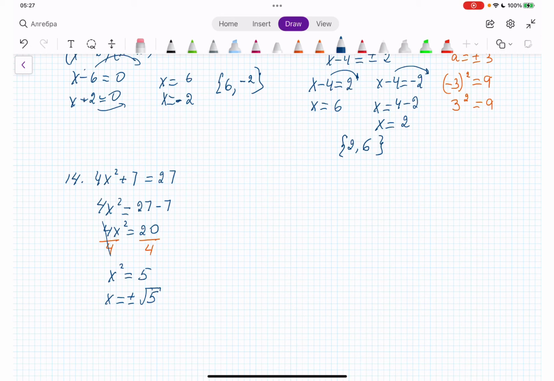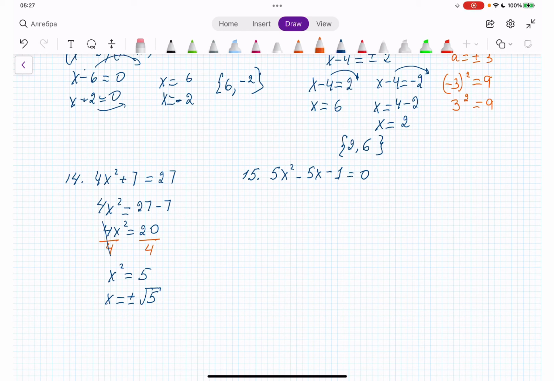Question number 15. We have 5x squared minus 5x minus 1, and that is equal 0. Okay, so what do we have here?